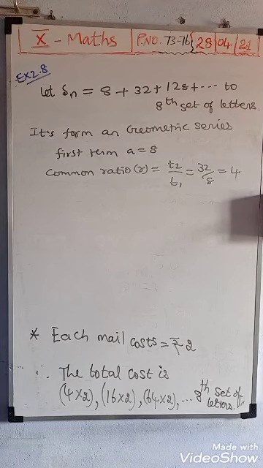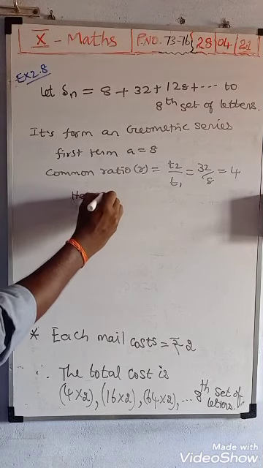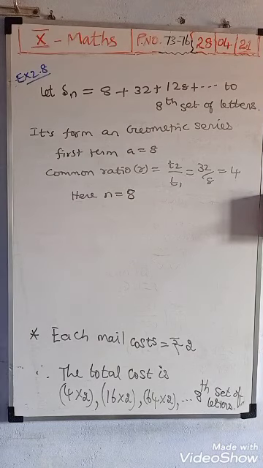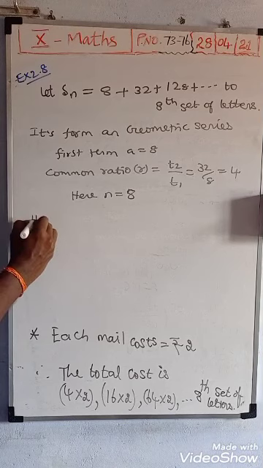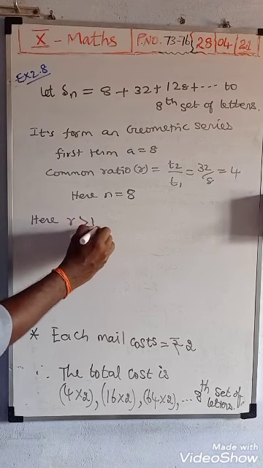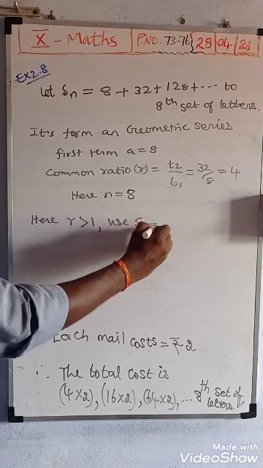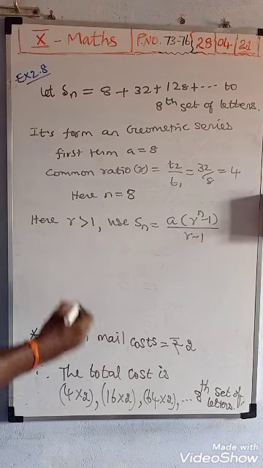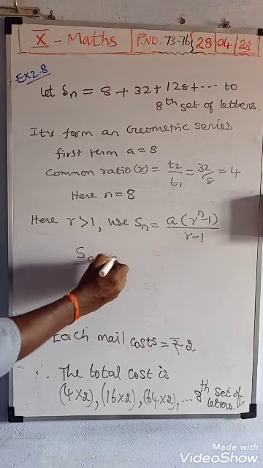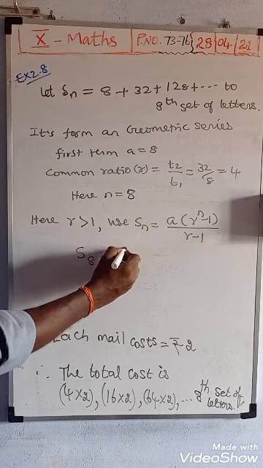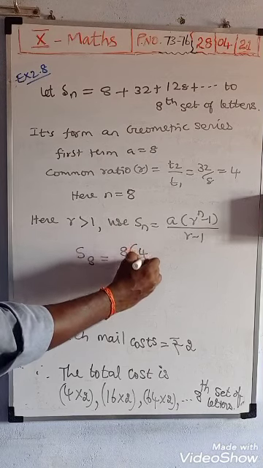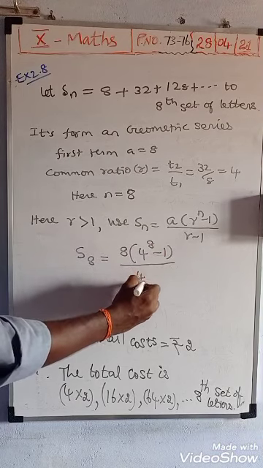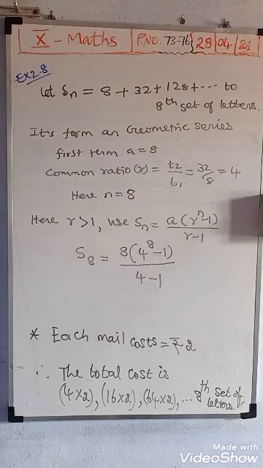Here n is equal to 8, because a total of 8 sets of letters are to be sent. Since r is greater than 1, use Sn is equal to a into r power n minus 1 divided by r minus 1. Now S8: a value is 8, r value is 4, so 4 power 8 minus 1, whole divided by r minus 1, which is 4 minus 1, that is 3.